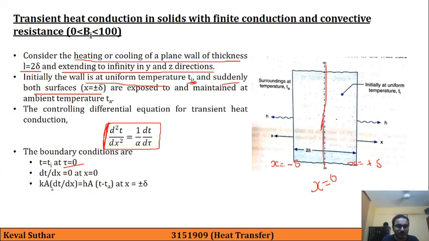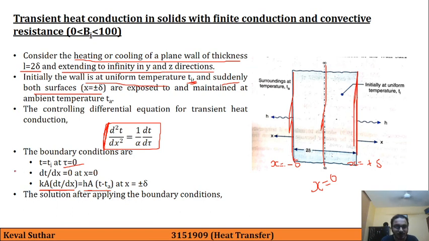And the last one is the conduction heat flow rate is equal to convection heat flow rate at x equal to plus or minus delta. So at this face as well as at this face, the conduction heat transfer rate is equal to the convection heat transfer rate.